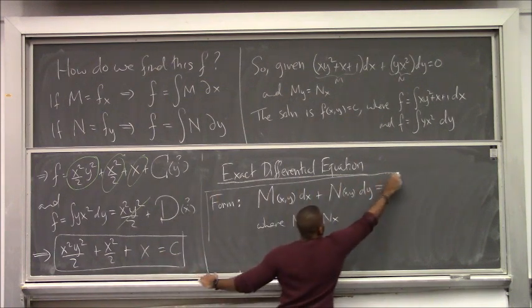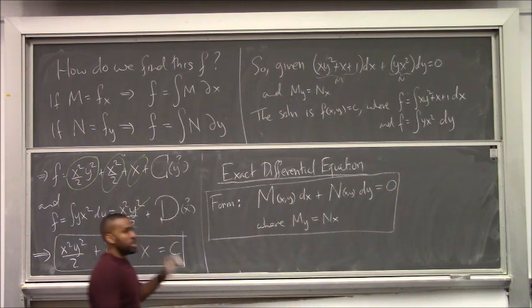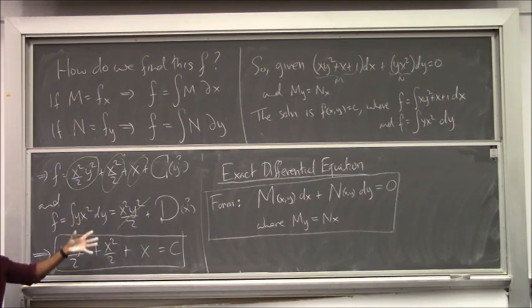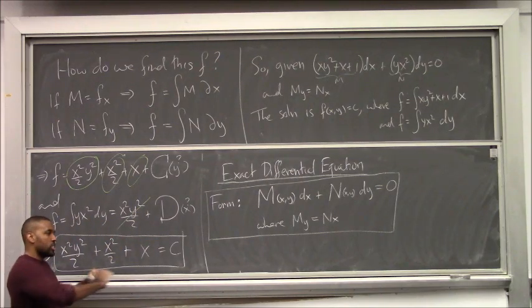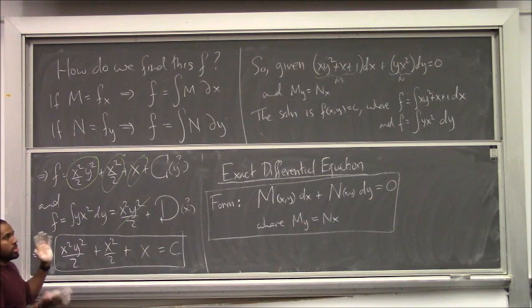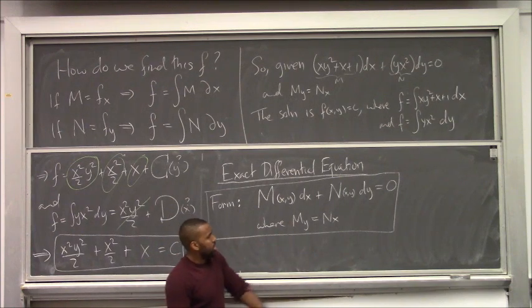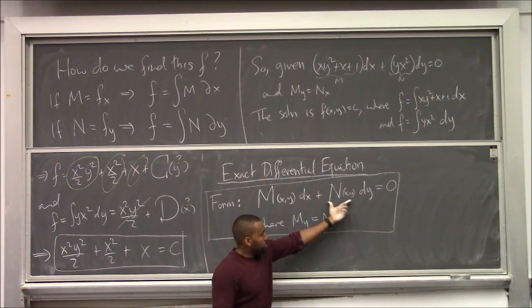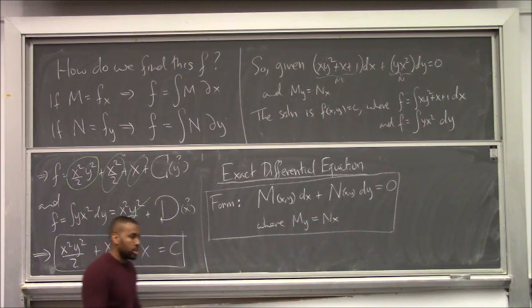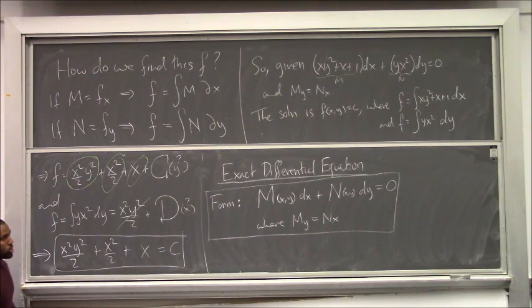That's how you're going to know when you're looking at something that this strategy is going to work. I can spread it out like this, something times dx plus something times dy, where the thing in front of the dx, if I take the partial with respect to y, is equal to the thing in front of the dy when I take the partial with respect to x. That will work by Clairaut's theorem.